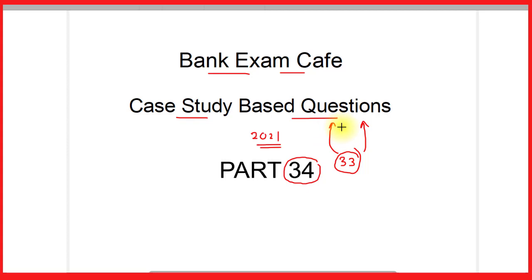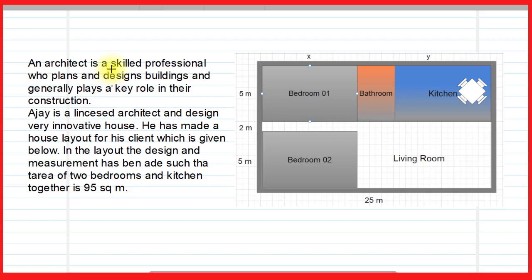Now let us see today's question. And here is the question. An architect is a skilled professional who plans and designs buildings and generally plays a key role in their construction. Ajay is a licensed architect and designs a very innovative house. He has made a house layout for his client which is given below.